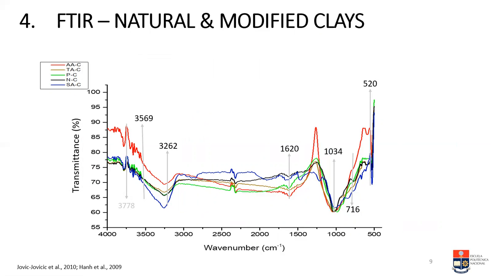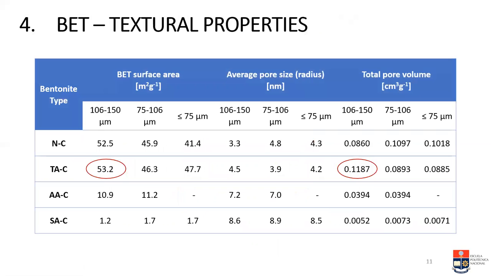In our case, we also performed some BET analysis to be able to determine the specific surface area of the clays that we used. Note that the natural clays had a relatively high specific surface area, but when we used the thermal activation process, we increased this specific surface area, and the pore volume also increased for these materials.